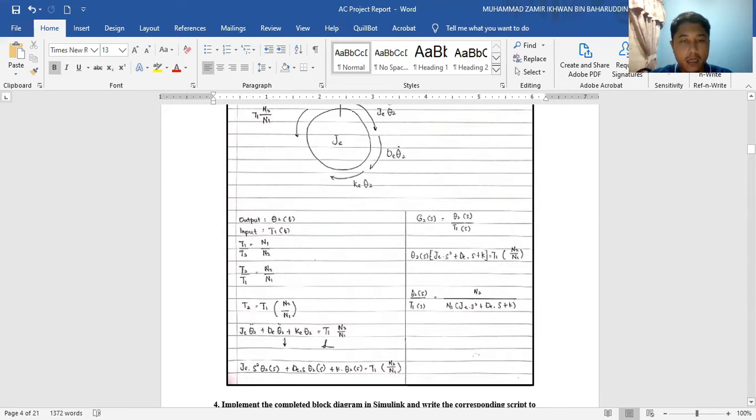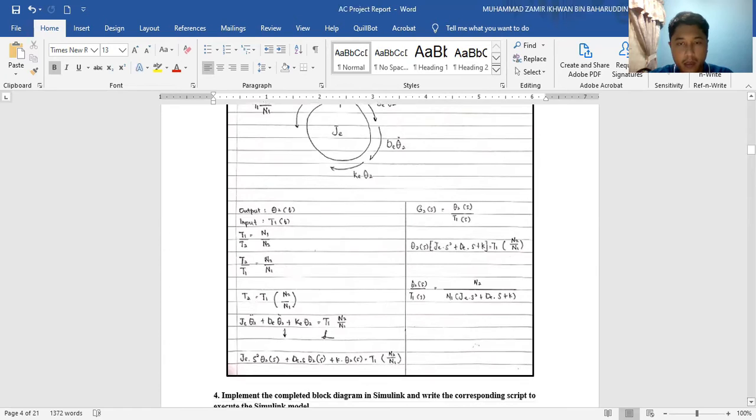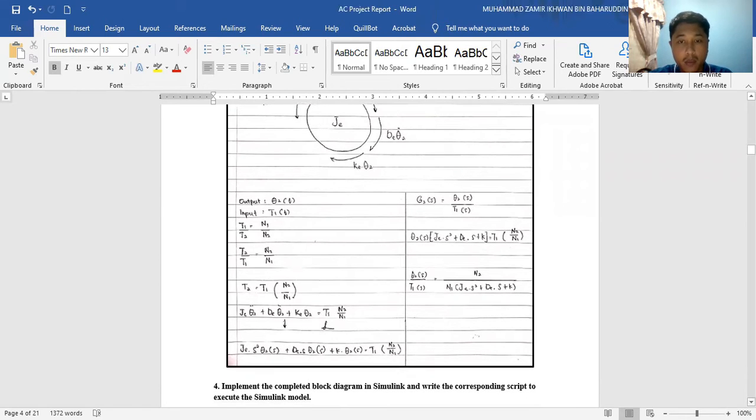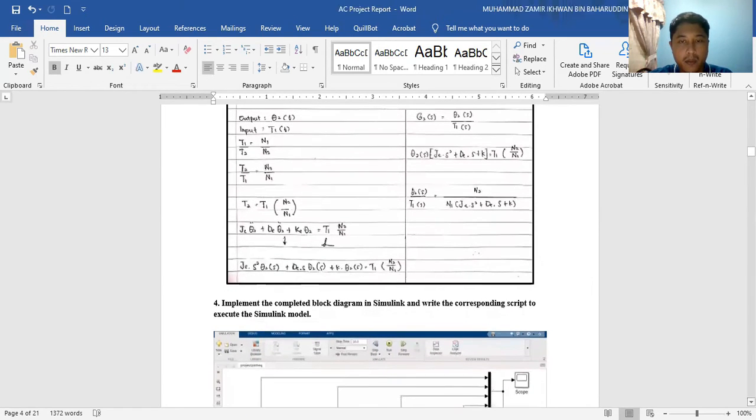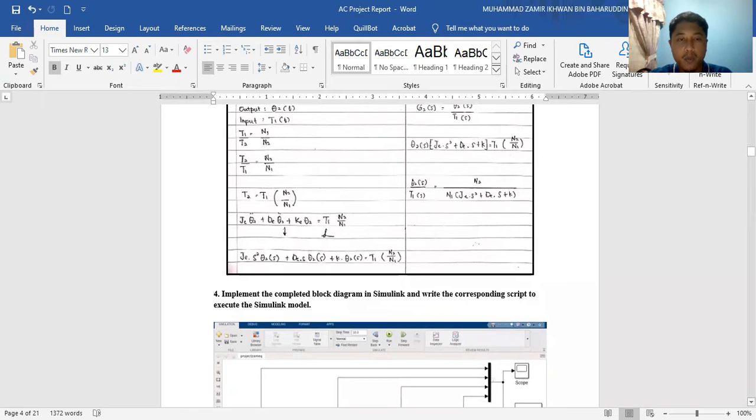The input is T1 and the output is theta 2, and from the calculation we get the Laplace transfer function: theta 2 over T1 equals N2 over N1 times JE S squared plus DE times S plus K. This is the Laplace transfer function for our project.